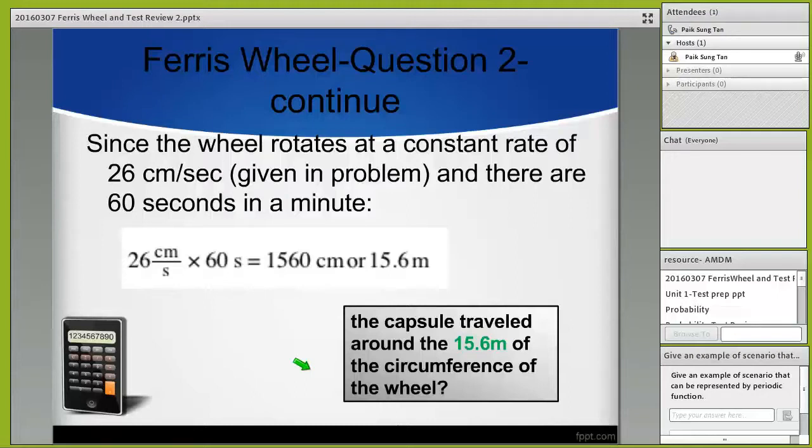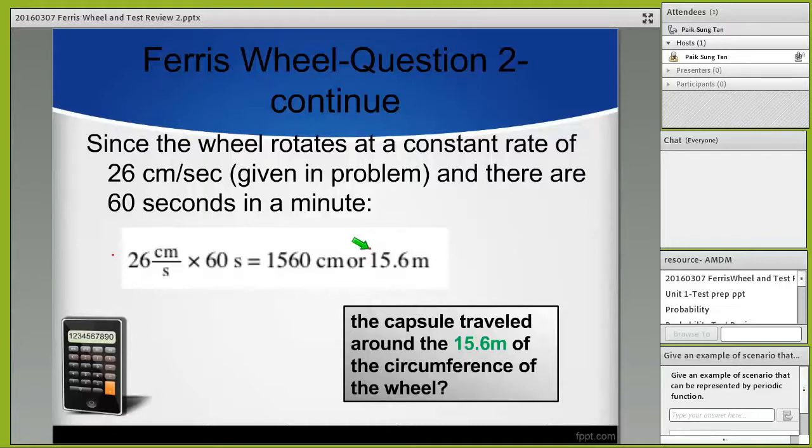Since the wheels rotate at a constant rate of 20 centimeters per second, given in the problem, and there are 60 seconds in a minute, we know that at each minute it has traveled 15.6 meters. So this is how we calculate.